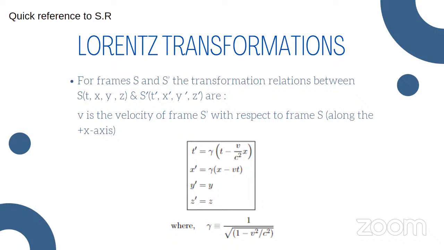The Galilean transformation was known previously, but then came the Lorentz transformation for two frames moving with a relative velocity v, and these equations dictate how space-time changes from one frame of reference to another. The gamma here represents the relative velocity with respect to c, the speed of light.